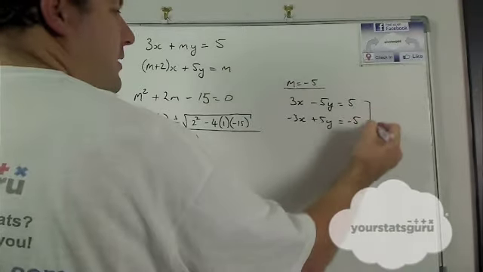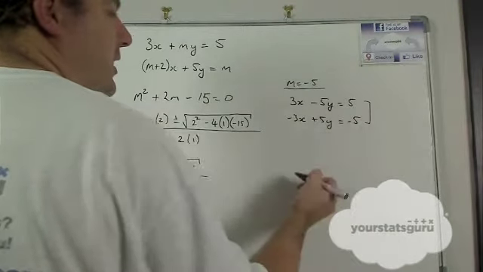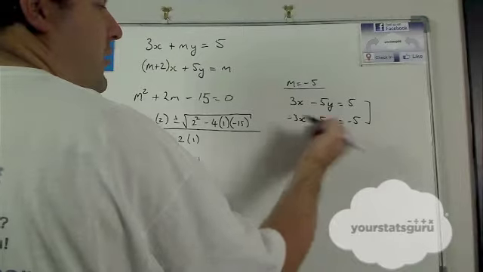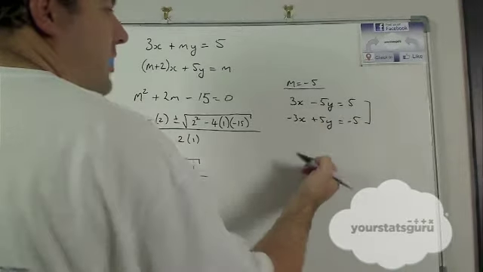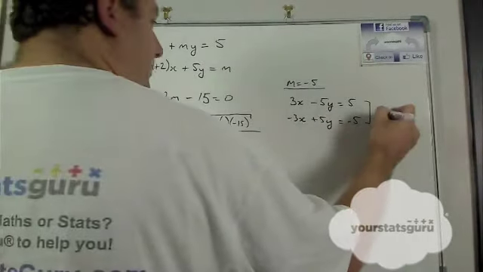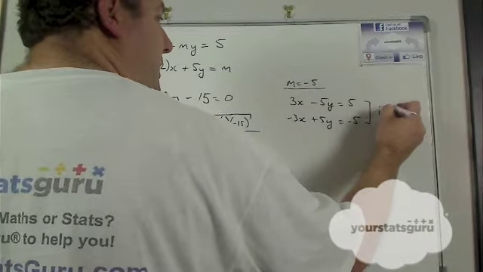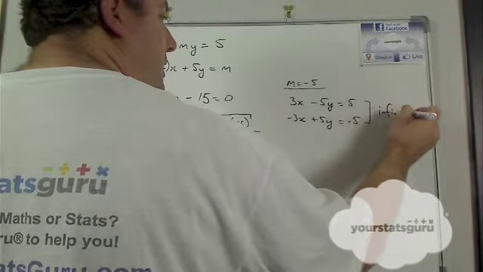Now clearly these two equations are the same, except that one is the negative of the other. So therefore, this is where we have infinite solutions.